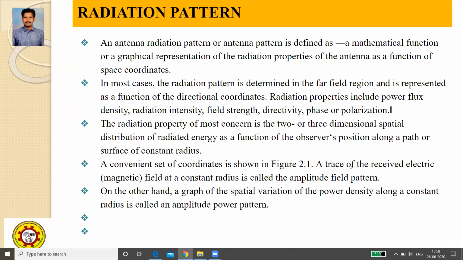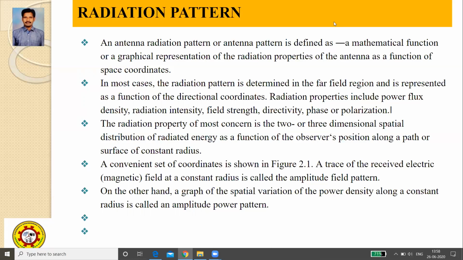Why? Because antenna behavior and field strength can be understood in terms of far field and near field, which we will discuss in our future videos.